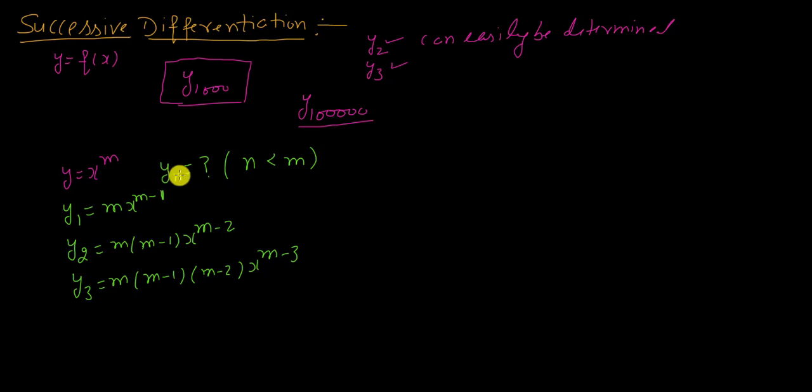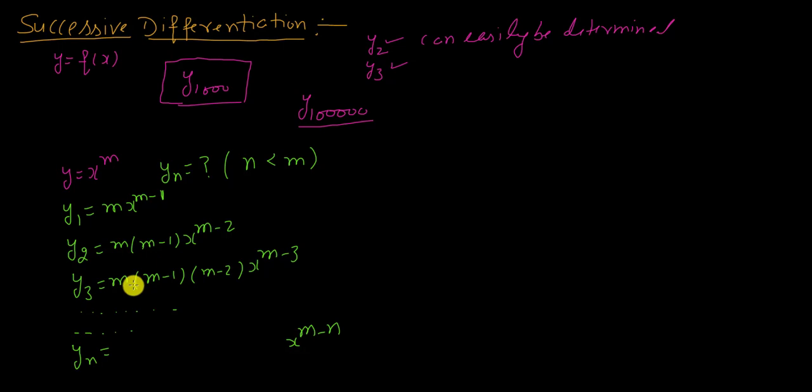Now we will try to find the value of yn by simple generalization. Look over here. When here is 1, here is m minus 1. Here is 2, it is m minus 2. When here is 3, it is m minus 3. So whenever here will be yn, here will be x raised to the power m minus n.